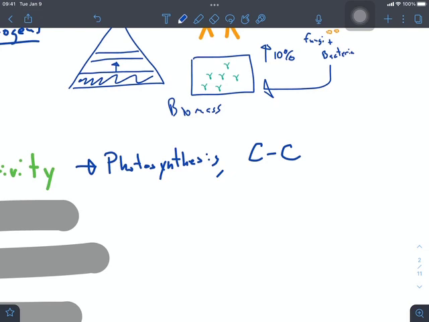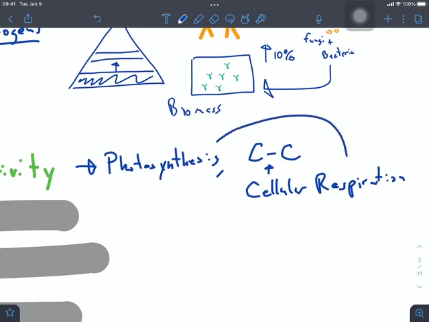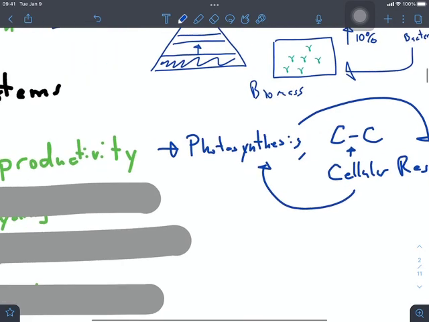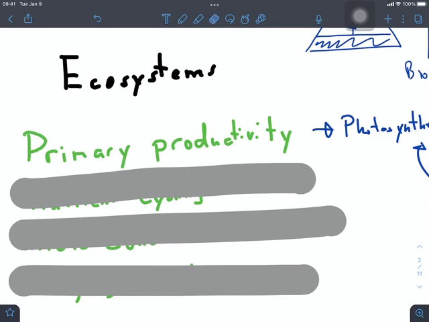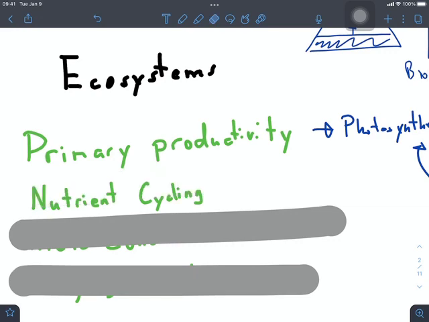This primary productivity then can go through the process of cellular respiration in our herbivores and carnivores, and this is how we ultimately release the energy of our carbon-to-carbon bonds. Now, this process of cycling from photosynthesis to cellular respiration and cellular respiration back to photosynthesis is a good example of our nutrient cycling.